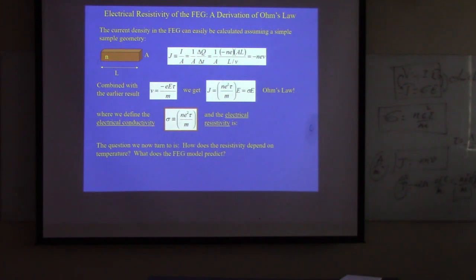If you have some impurities, your tau is going to be smaller. This is called a very important concept, Drude conductivity. Tau is that relaxation time.